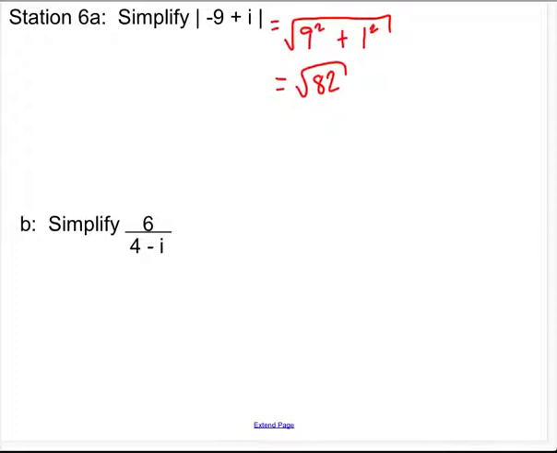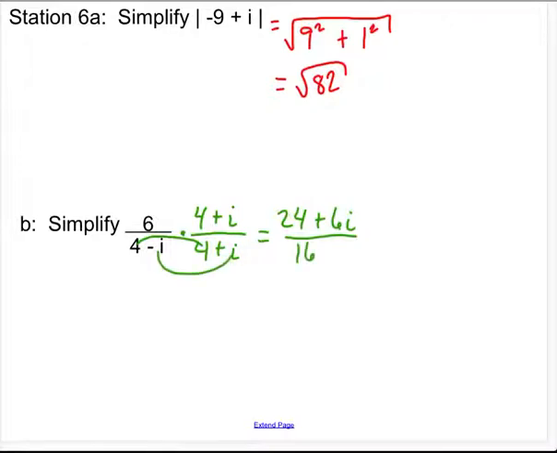And our last question, when we're dividing complex numbers, we multiply by the conjugate. So that, remember, is where you change the sign on the imaginary part of your number. In the numerator, multiplying each piece by 6, I get 24 plus 6i. In the denominator, remember the shortcut is you multiply your 4 times 4 to get 16. And negative i times positive i gives you -i squared.